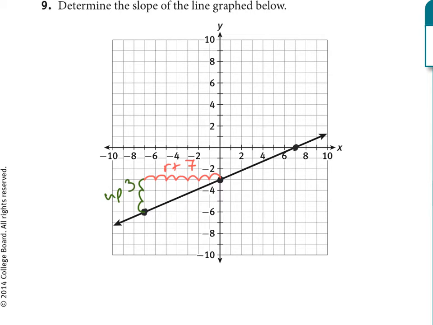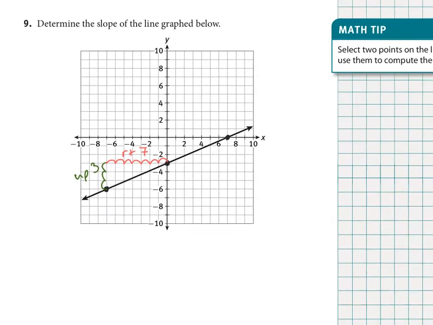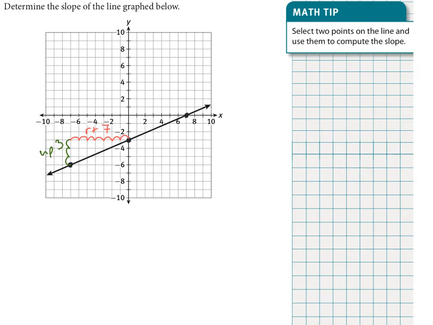Okay. So let's go ahead and build our ratio here on the side. So m, remember, refers to slope. Again, it came from our rise over our run. We went up 3. Now, you don't have to do this part, but it's nice to see. If you write up 3, you know to write a positive 3 on top.